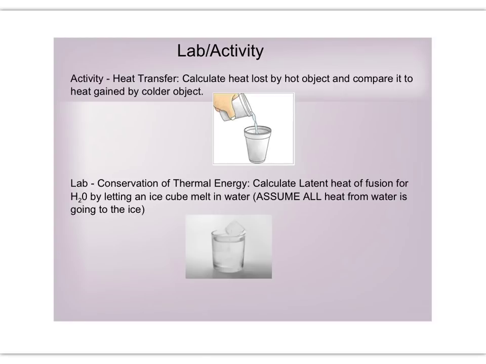And from that, you're going to figure out what the latent heat of fusion of ice is. I will tell you, with this particular exercise, I want you to assume that all of the heat that was lost by the water went into the ice. So we can assume that none of the energy was lost to the surroundings in this experiment. But you have to decide how you're going to do that and do multiple trials.